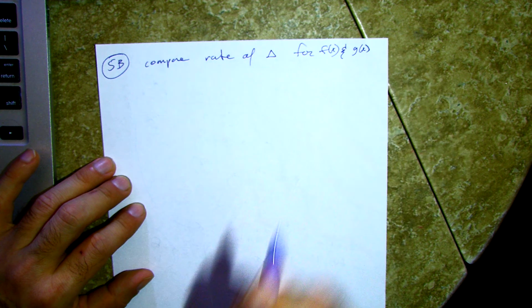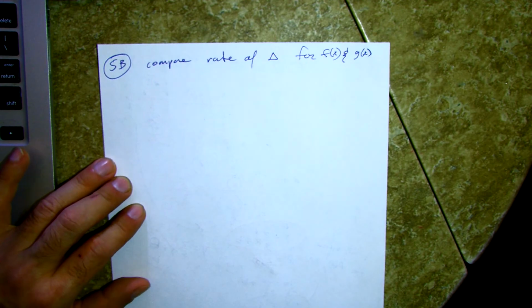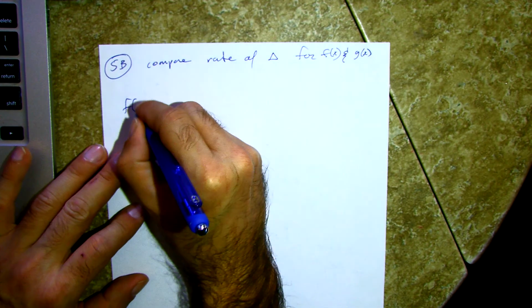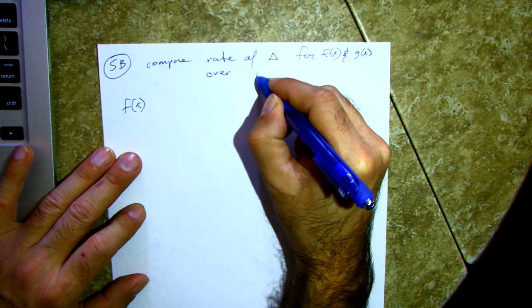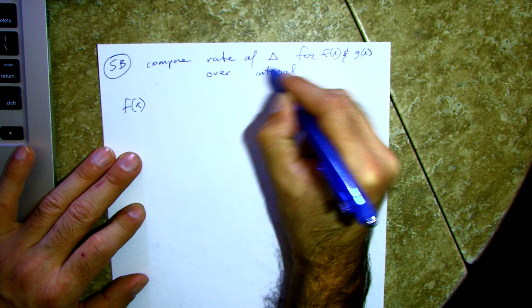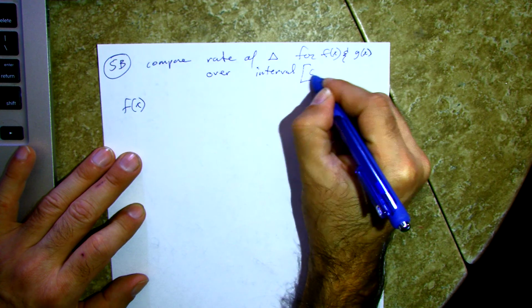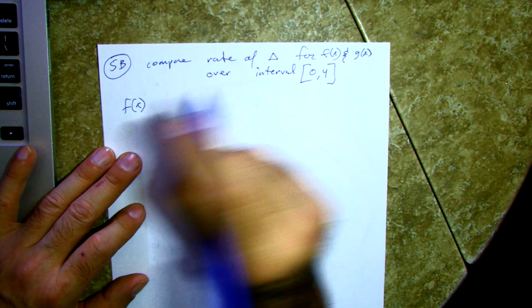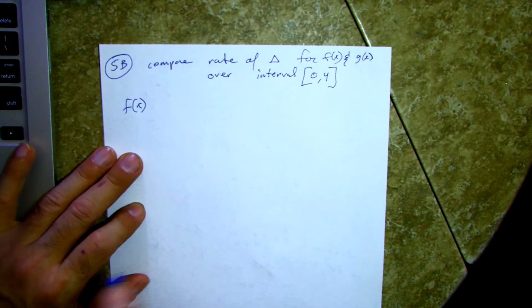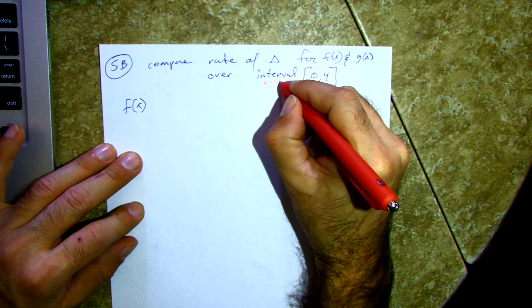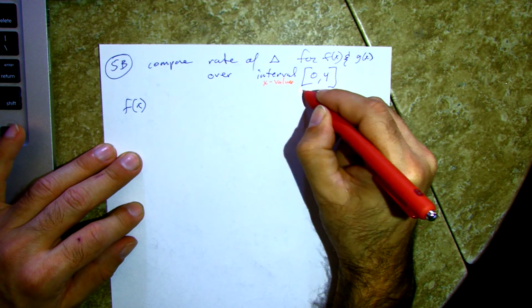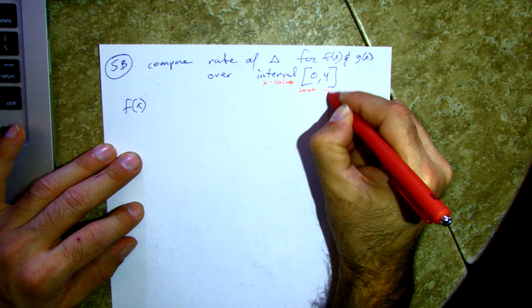We have to compare the rate of change over the interval of 0 and 4. The interval is our x values, so this is the lower and this is the upper.